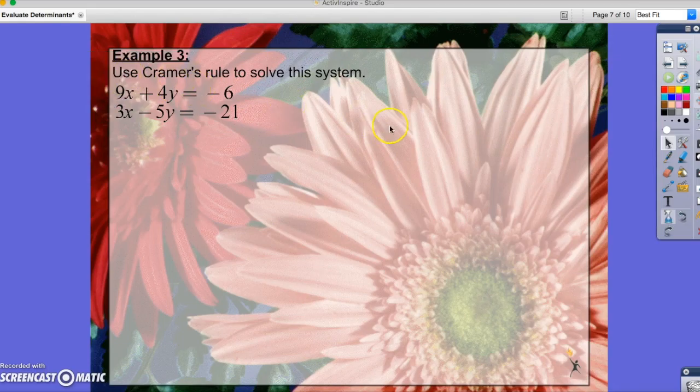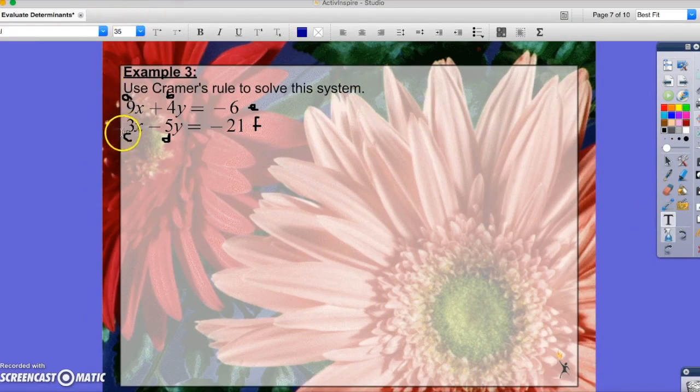My typing is giving me a little trouble here. This is B, which is the 4. C is 3. D is -5. Then E and F are the numbers here. E is -6. F is -21.